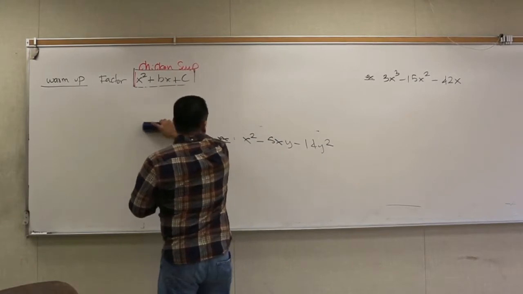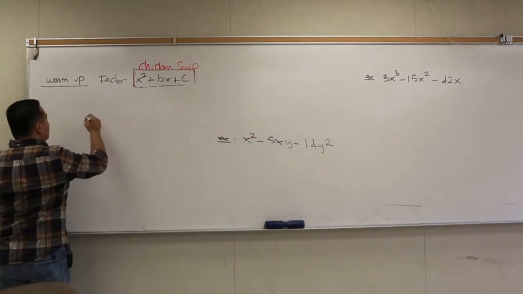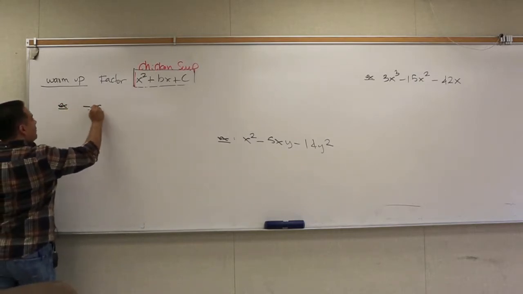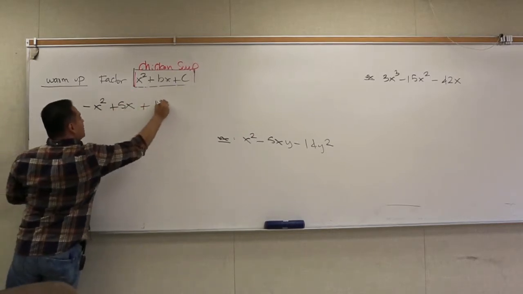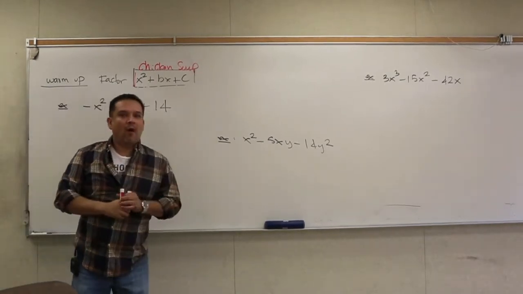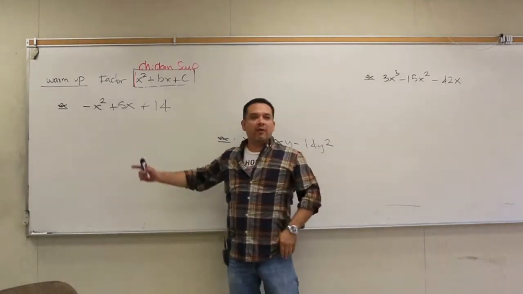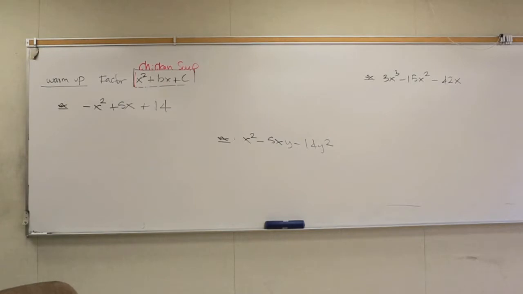So I'll give you guys a few minutes to try these last exotic versions. So minus x squared plus 5x plus 14. Okay, I'll give you guys a few seconds to try these three all on your own. Try this first. Try this second. Do it in the order I wrote it down and leave this one to last. See what you guys can do with this. I'll give you a few minutes and then we'll go over it. Okay, you can test yourself on these processes.